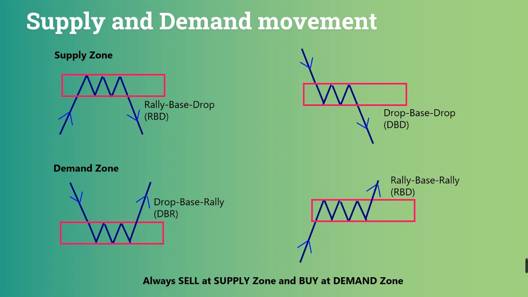That's it. Simple. Every time I have a rash idea of going into a trade, because sometimes the market pushes the price very high or very low and I might tend to go into the trade like riding the wave, I suddenly remind myself: always sell at supply, always buy at demand.